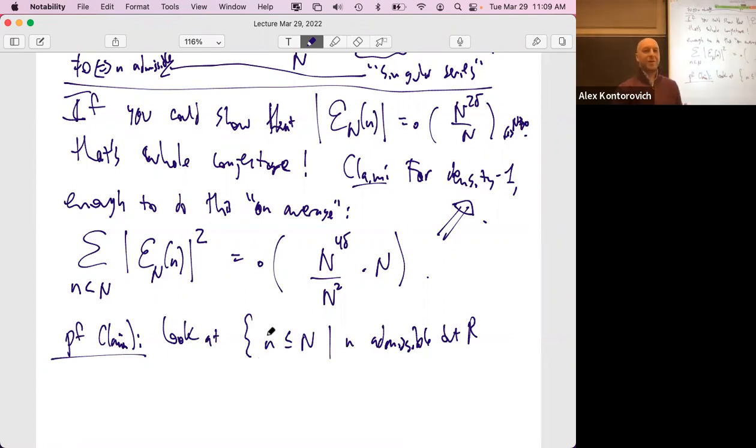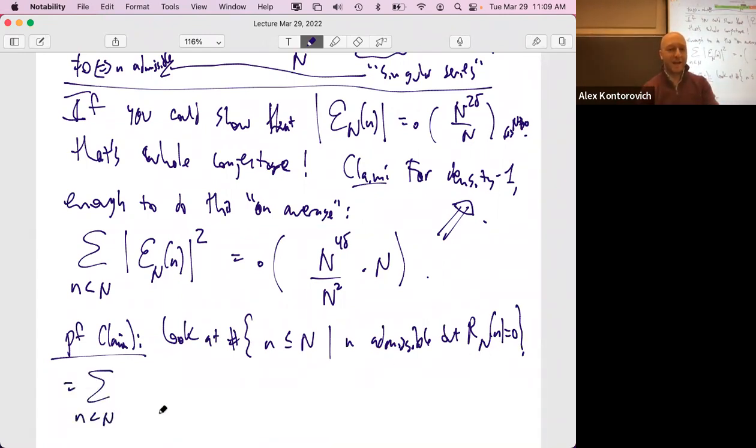There should be a bounded number of these. Numbers that are admissible, but they don't occur. Okay, I want to count how many of them there are up to n. So this is a sum over n less than n, of the admissible ones, of the indicator function of Rn equals 0.